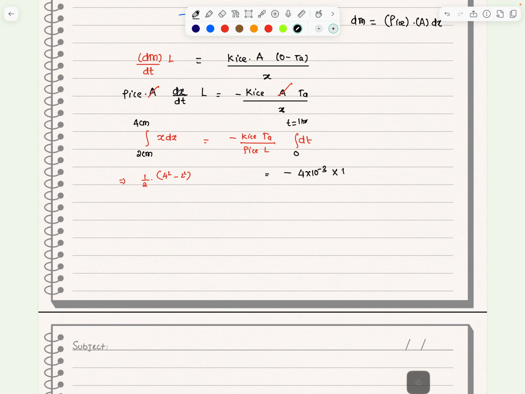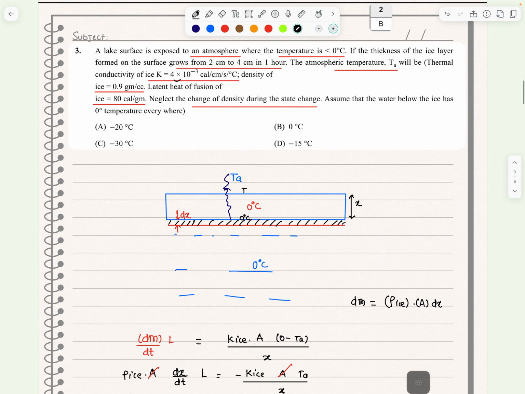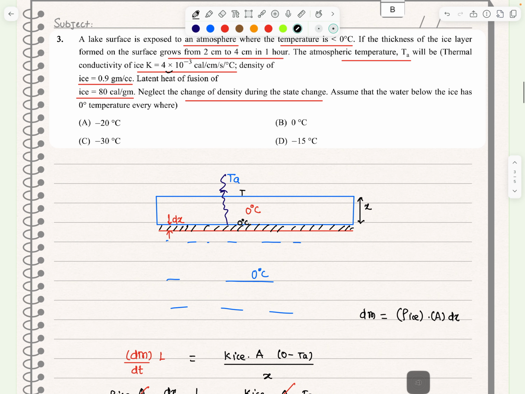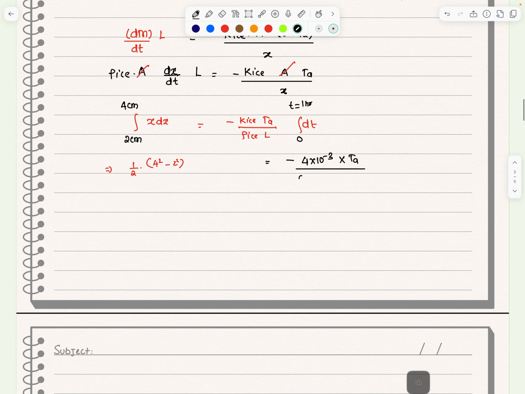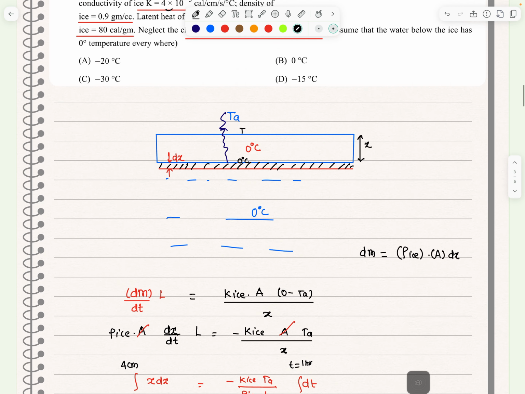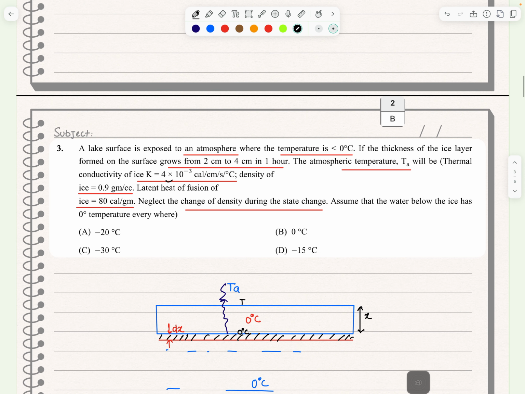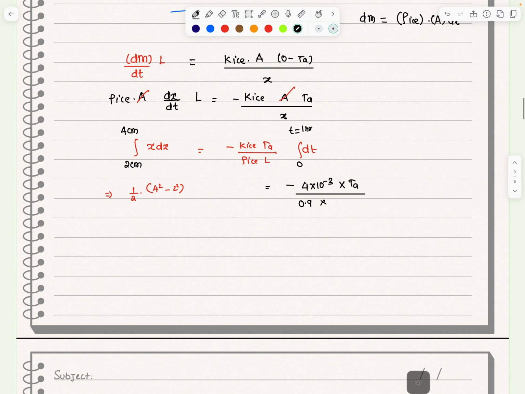Into temperature of the atmosphere, Ta. Density of ice is given to you, 0.9 gram per cc, we can write 0.9 gram per centimeter cube, multiplied by the latent heat of fusion, which is 80 calorie per gram. So just multiply by 80.